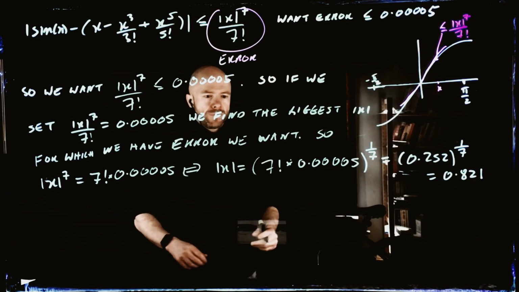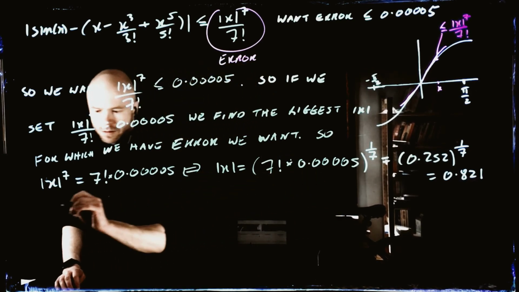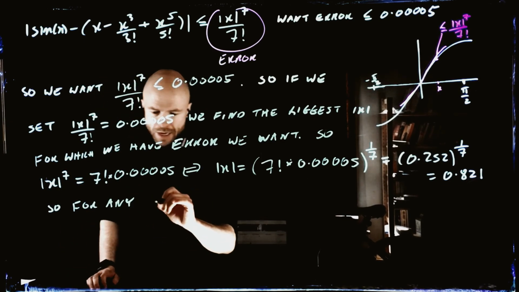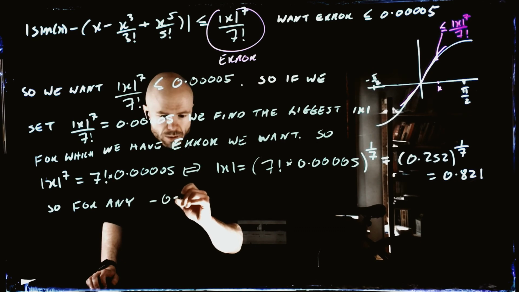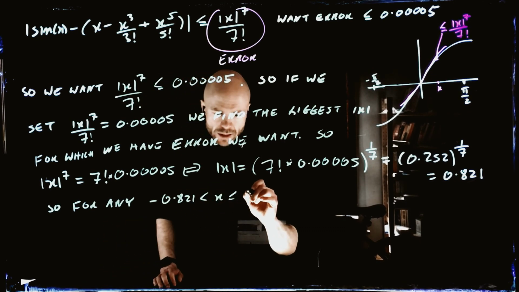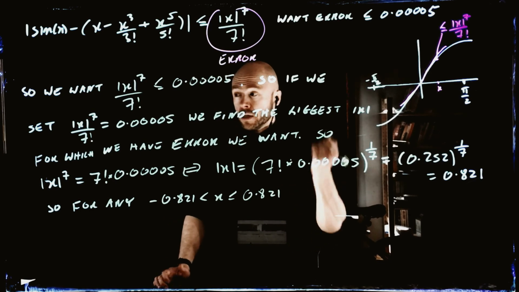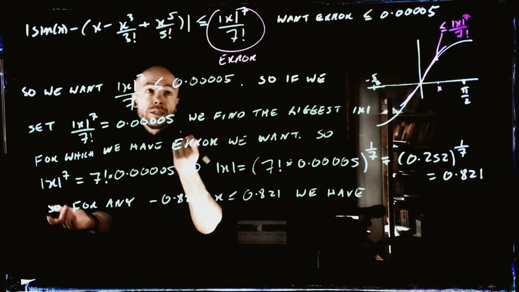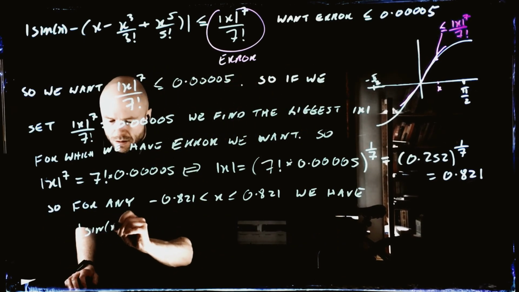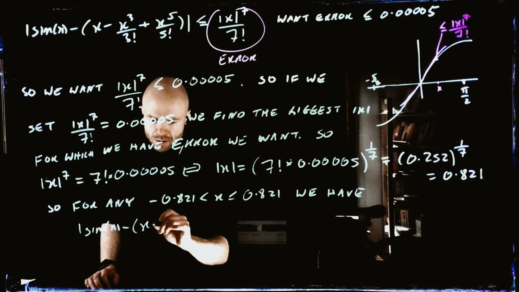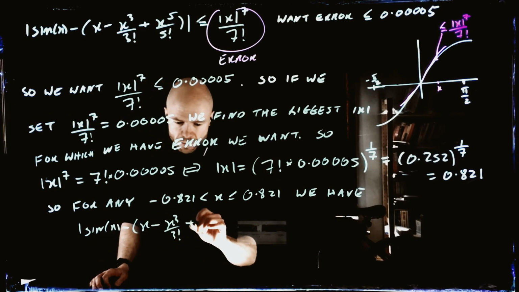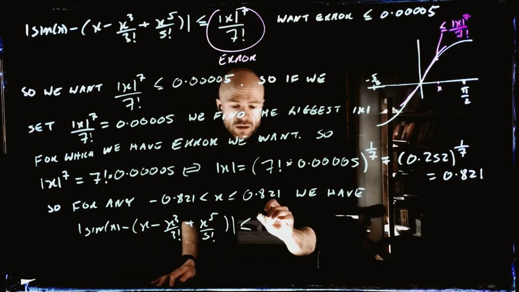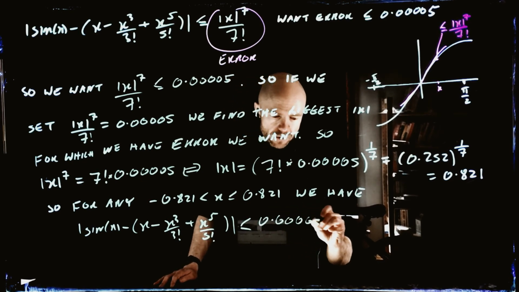So, that means for any x which is between minus 0.821 and 0.821, we have exactly the inequality that we want, right? Sine of x minus x to the 3 over 3 factorial plus x to the 5 over 5 factorial is indeed less than 0.00005. Yeah?